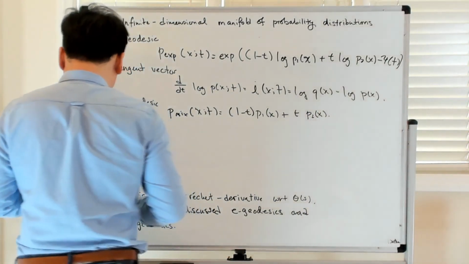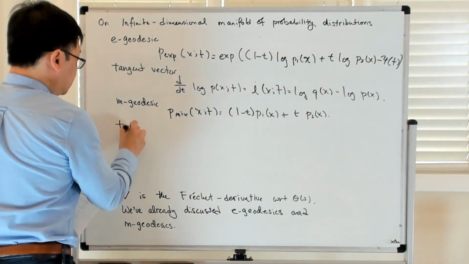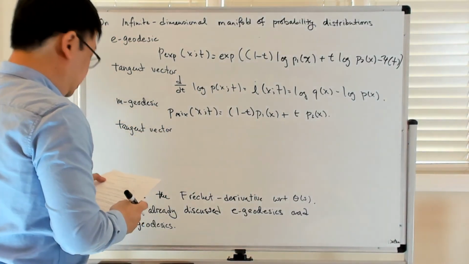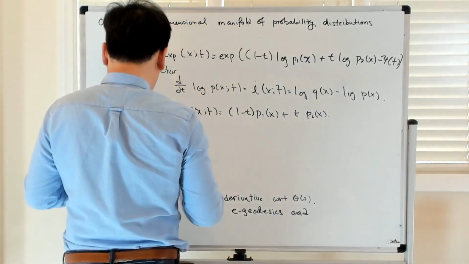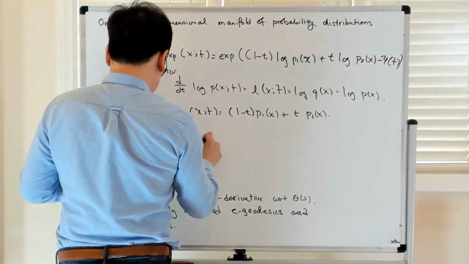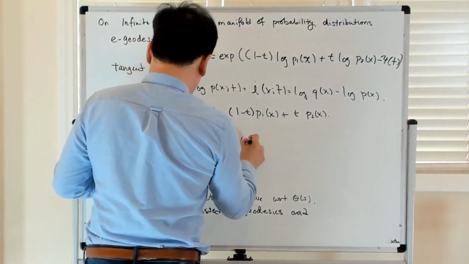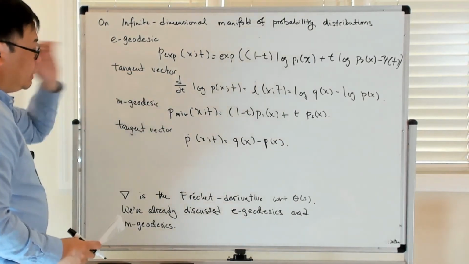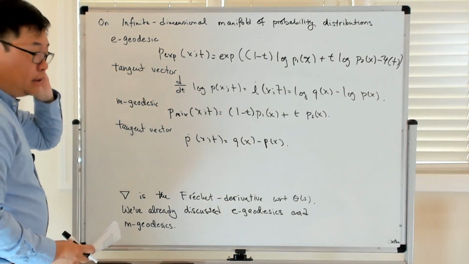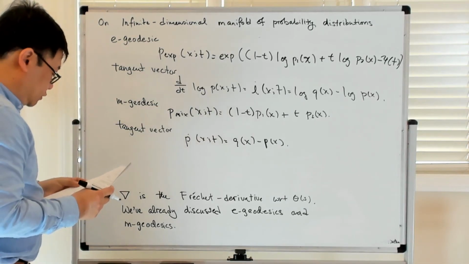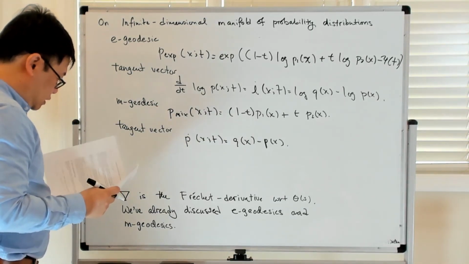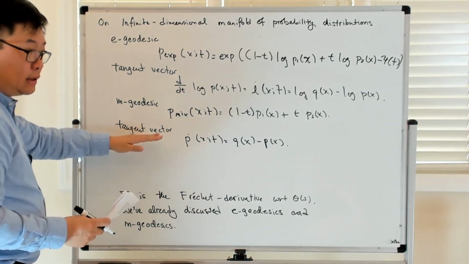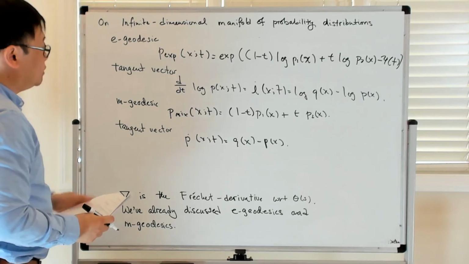And then the associated tangent vector is just the difference of the probability distributions, so p dot of x and t is q of x minus p of x. And of course both of these things are with respect to the appropriate E and M coordinate systems. Right, so let me just stop here for now, and then the next thing we'll talk about is the associated divergence functions to this space. But for now, let me just stop here.